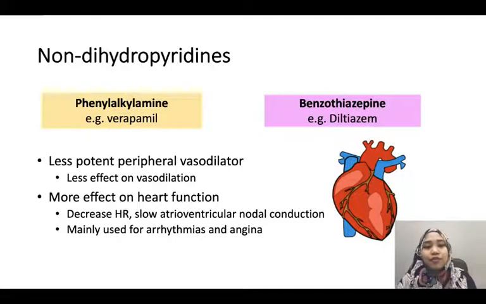But both of these drugs have less potency on the vasodilation, but focus more on impacting the heart function. So it decreases the heart rate, slows down the atrioventricular node conduction, and is often used for treatment of arrhythmia and angina by focusing on the intrinsic conduction system and the myocardial cells to reduce the contractility.